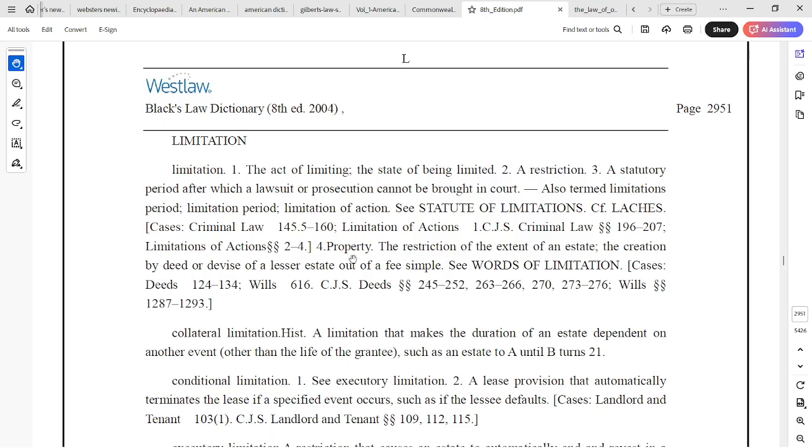Let us look at sense 4. Property. The restriction of the extent of an estate, the creation by deed or devise of a lesser estate out of a fee simple. So we will look at sense 4 for what we are reading now pertaining to the limitation to C. The restriction of the extent of an estate, the creation by deed or devise of a lesser estate out of a fee simple.